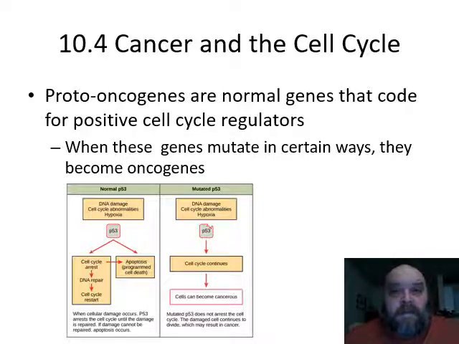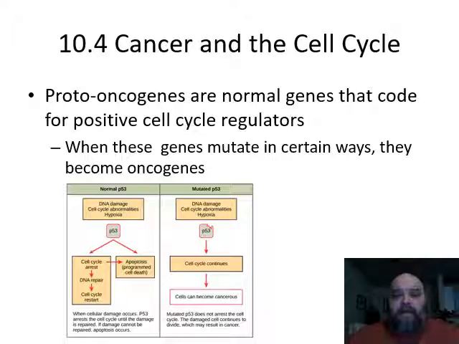P53 stops the cell cycle, no matter what checkpoint, no matter what phase, and repair begins. Whether it's DNA or some sort of metabolic issue, if everything's taken care of, P53 is inactivated, boom, the cell cycle starts back up again.